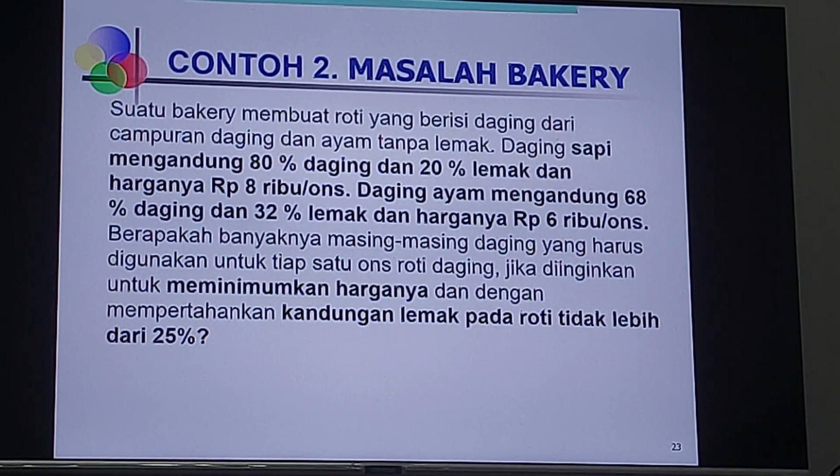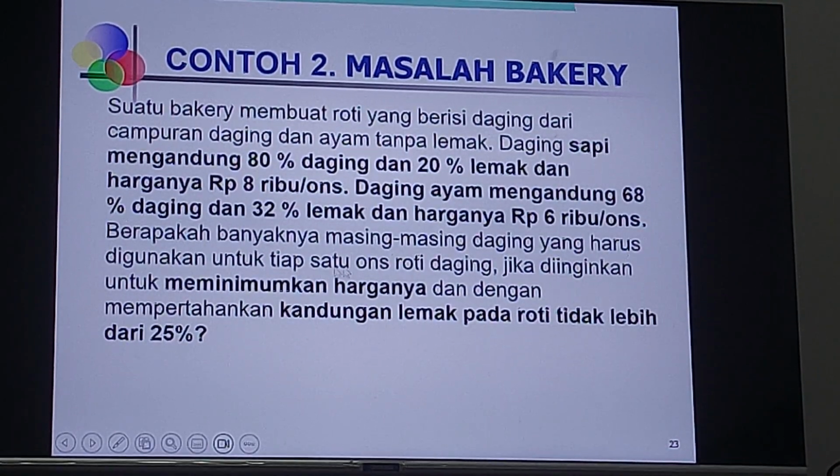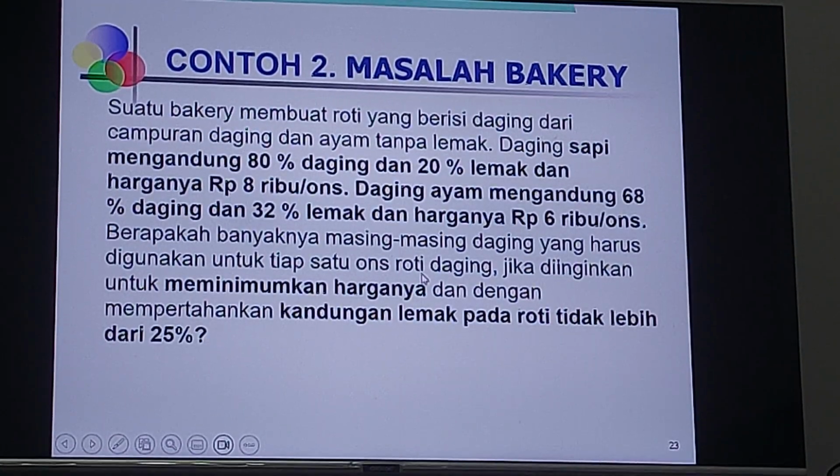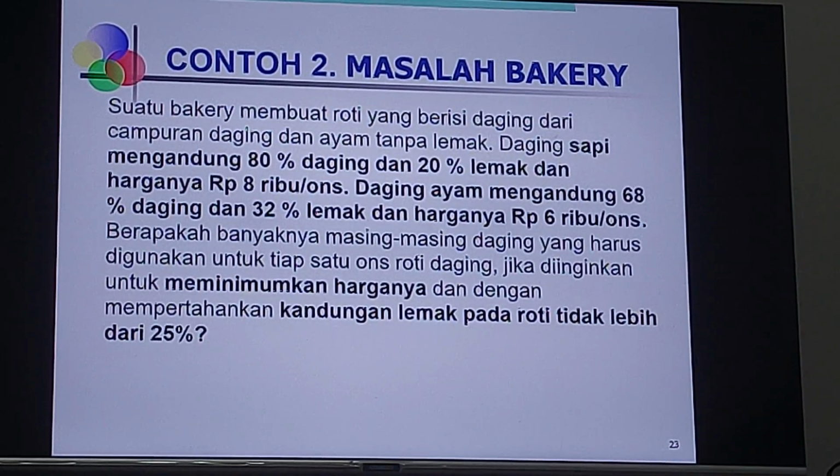It could be 1 ounce of beef and 0 of chicken, but we cannot make more than 1 ounce for every 1 ounce of bread. It could be half an ounce of beef and half an ounce of chicken, but in total 1 ounce. How many ounces of each, if we want to minimize the cost? Harganya means the cost in this case, not the selling price.